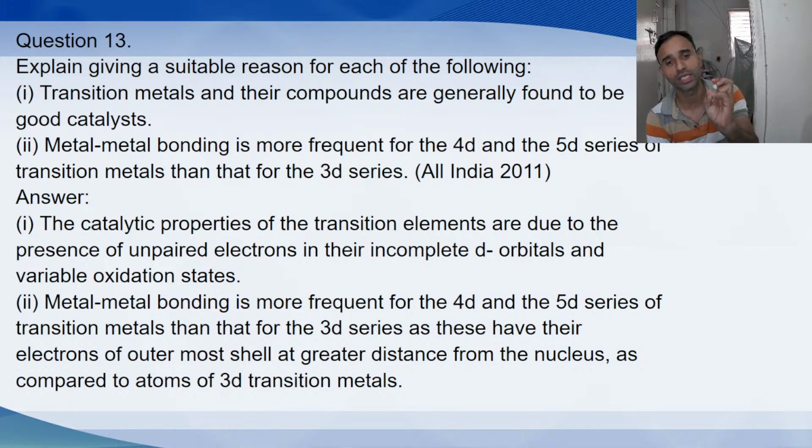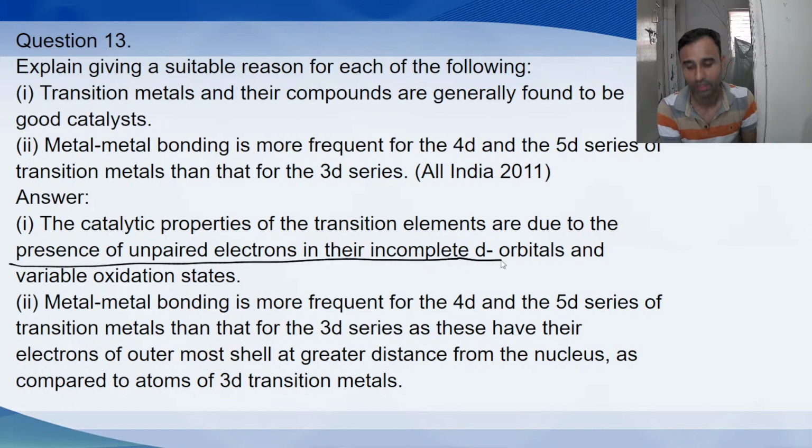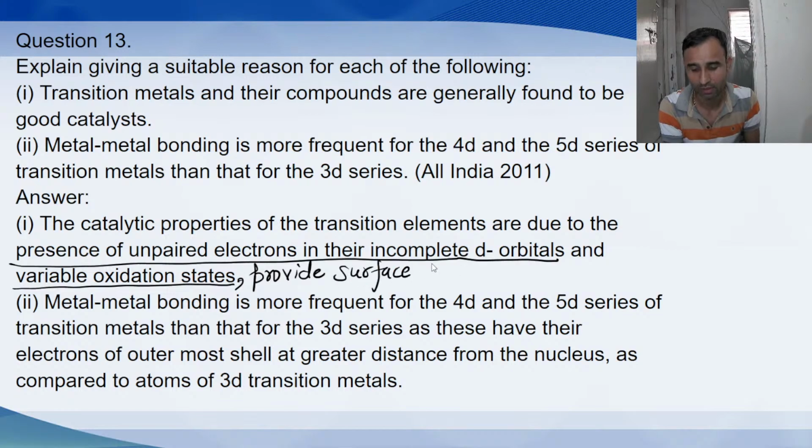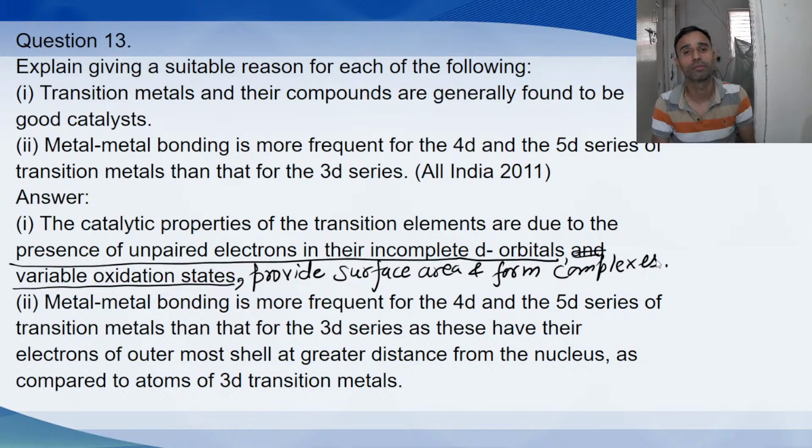First reason is due to the presence of unpaired electrons. It is already written. Second reason is variable oxidation state. Third reason is they provide surface area. Fourth reason is they can form complexes.